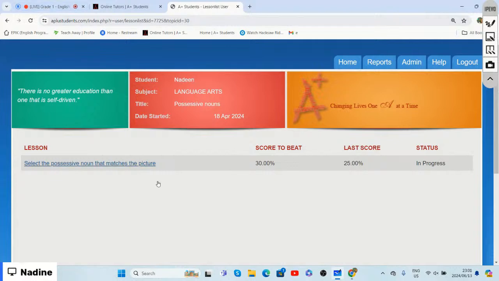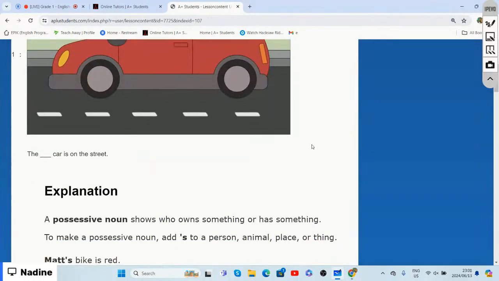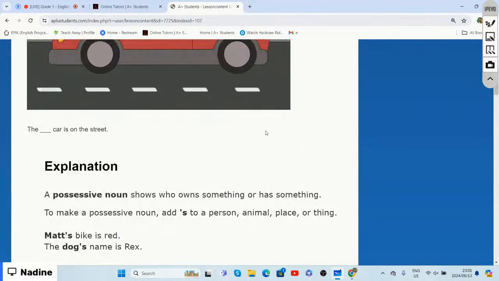All right. So when it comes to possessive nouns, if you listen to the word possessive noun, it basically shows someone that owns something or someone that has something.